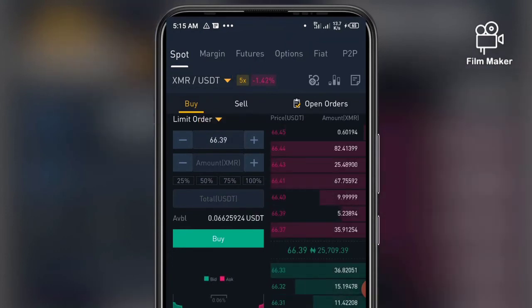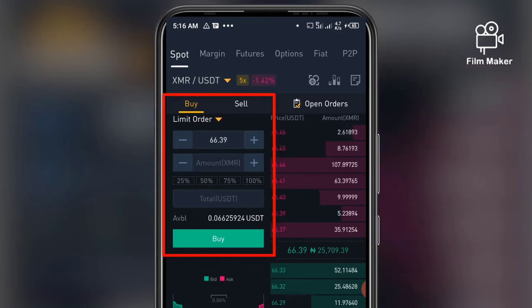The next thing to do is for you to choose whether you want to buy or sell, and that's based on your analysis. So before you buy or sell, you want to do some quick analysis.